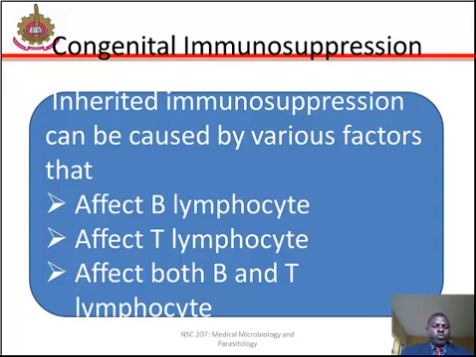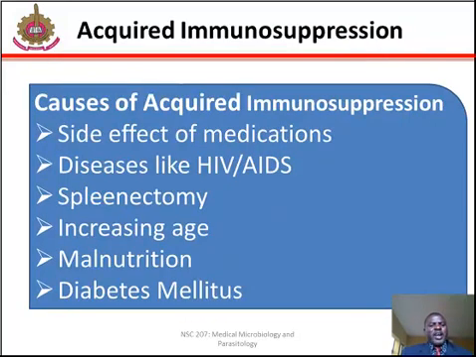Also, we talk of acquired immunosuppression, which, like I've said earlier on, can be caused by side effects of medication. I've mentioned some of them, like steroids suppress immunity. Diseases like HIV/AIDS suppress immunity.